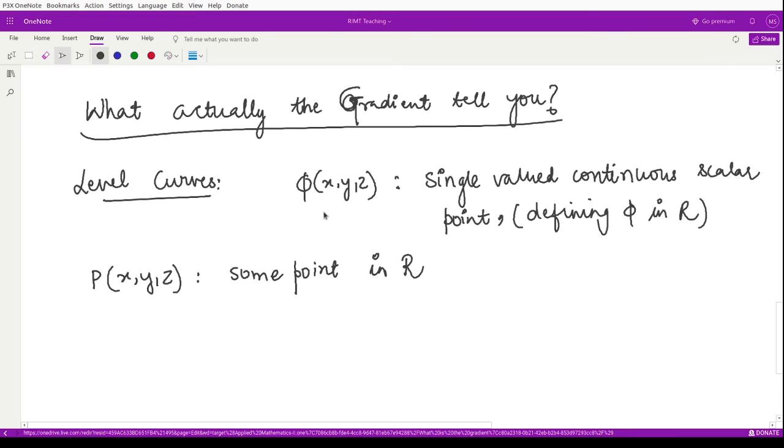So we have one scalar point function, and we have one point.